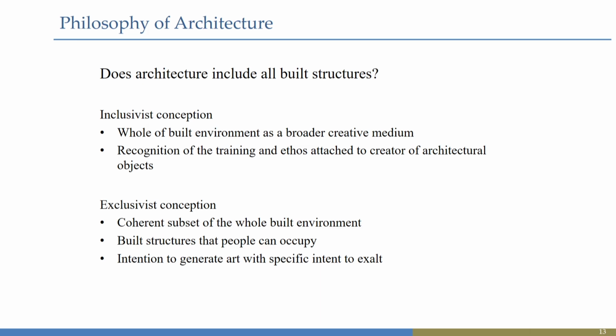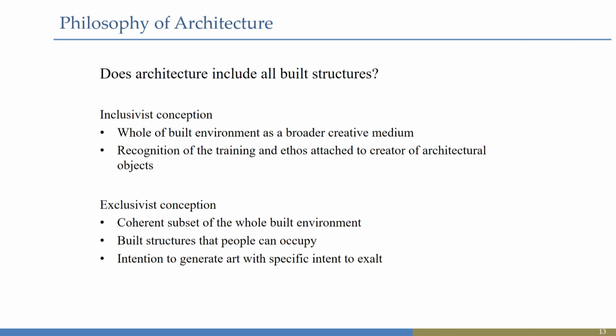So, therefore, what we are saying is that architecture has an inclusivist conception where we say that everything is architecture, all built structures can be considered as architecture, as far as they are made by people who have received training and who have a certain ethos associated with the architecture discipline.